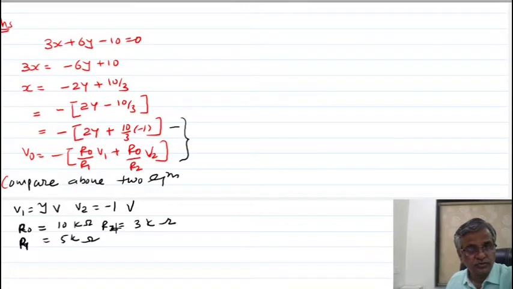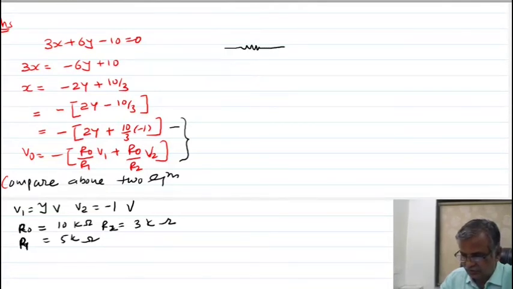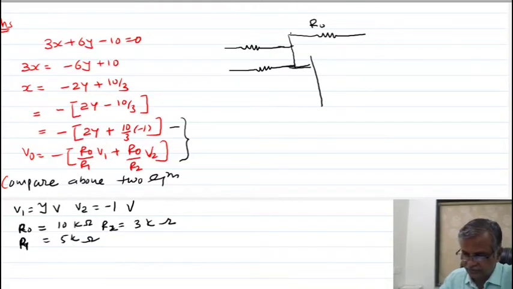So now I am preparing a circuit for this. See, I am preparing this circuit. These are your two resistors. This is your Ro I have written here.